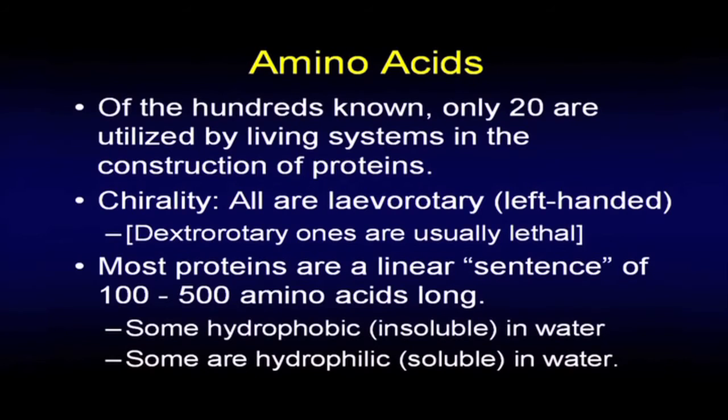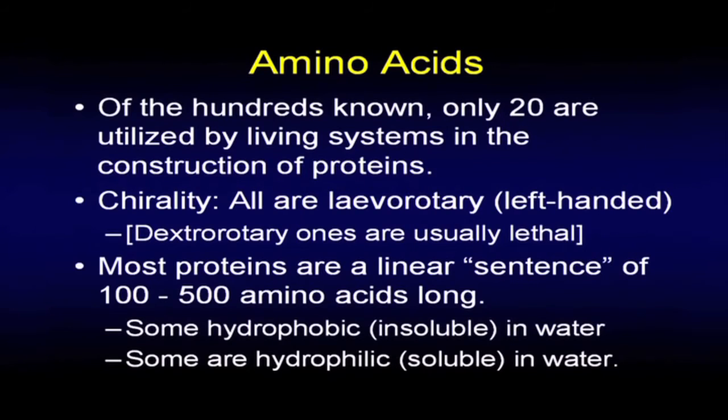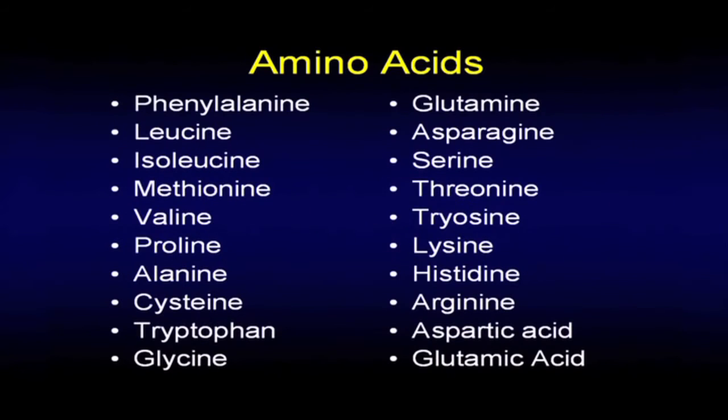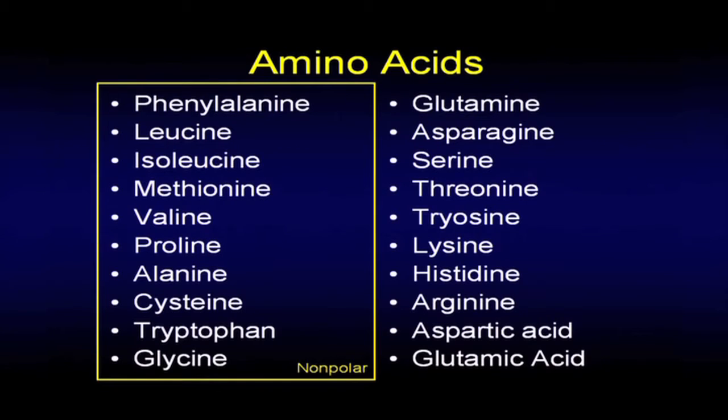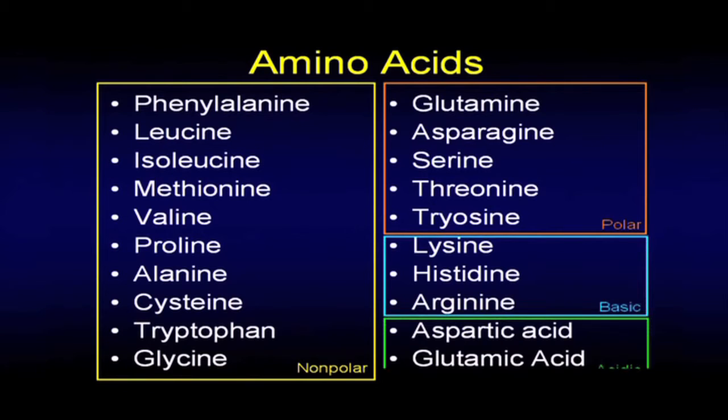Now, most proteins in your body are not 347 like this one is, but are up to 500 amino acids long. Some of them are soluble in water. Some are not soluble in water. They're designed that way. And these amino acids can be combined to make 20 different kinds; some of these are nonpolar, some are polar, some are basic, some are acidic.